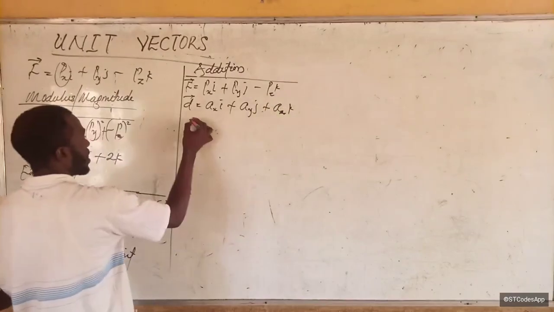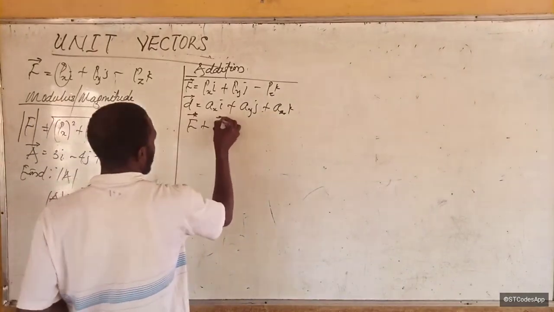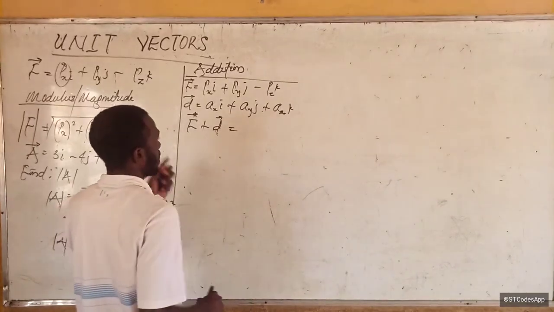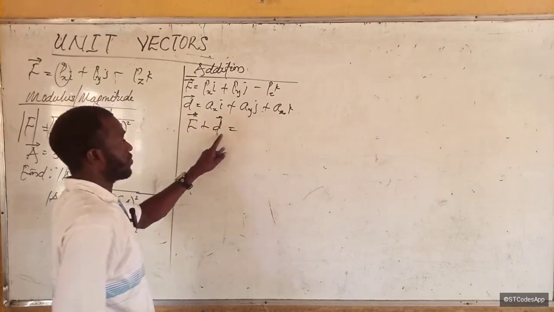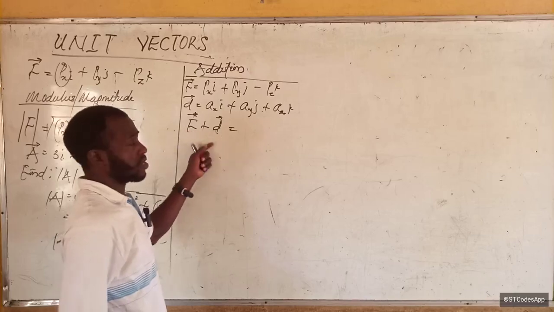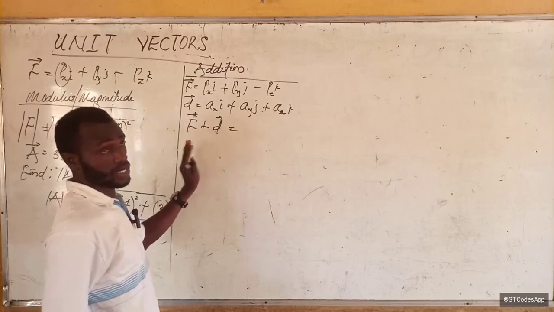Now I tell you to find vector F plus vector D. Albeit you can't add these, if this was distance and force you're not going to be adding them, but I'm just giving an example.